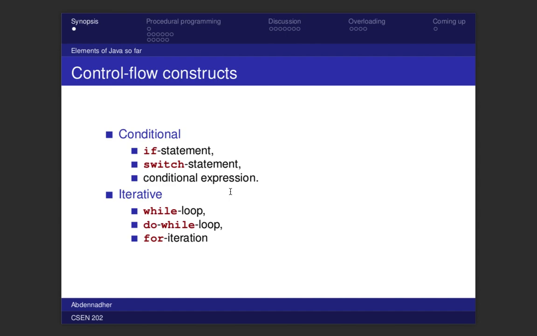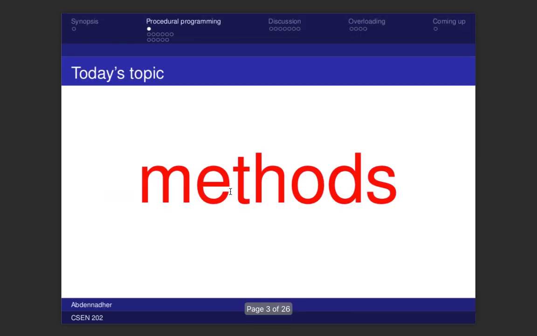Once the problem becomes bigger, we would love to decompose the problem into subproblems. These subproblems will be implemented in terms of methods. Methods are nothing else than functions in math. And last but not least, once we are done with solving the subproblems, we conquer, let's say, these methods to solve the original problem.